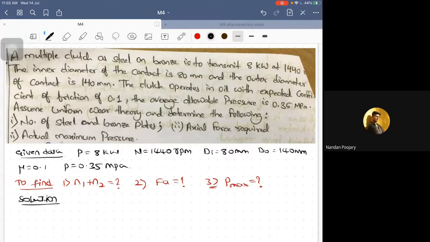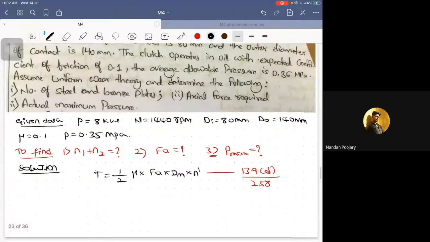So first, take the torque equation. So torque is equal to half times of μ cross Fa cross Dm cross n dash, and this equation is taken from 13.9d, page number 258. Next, calculate the torque now.